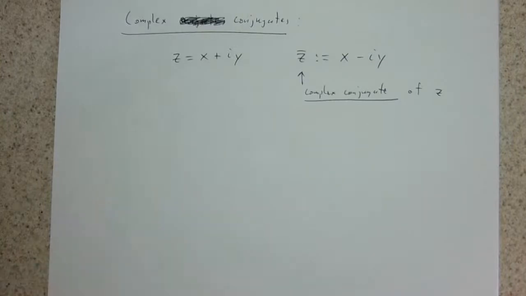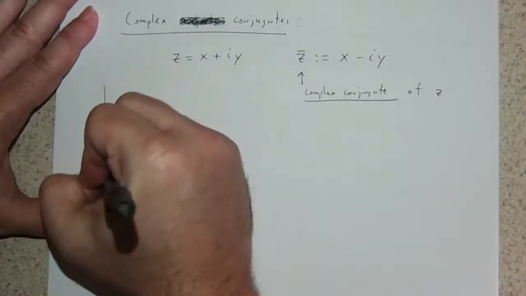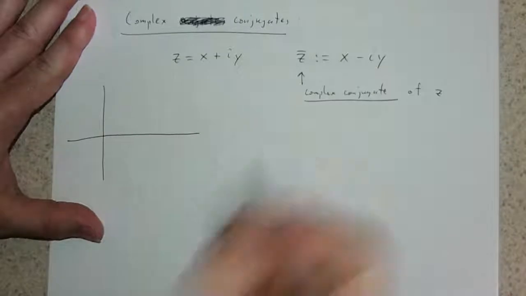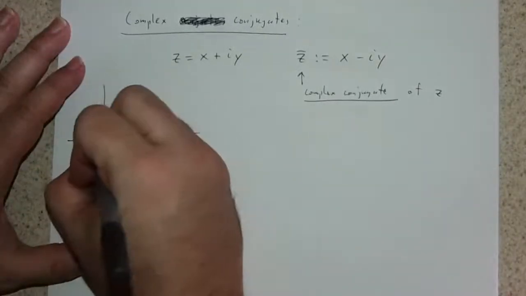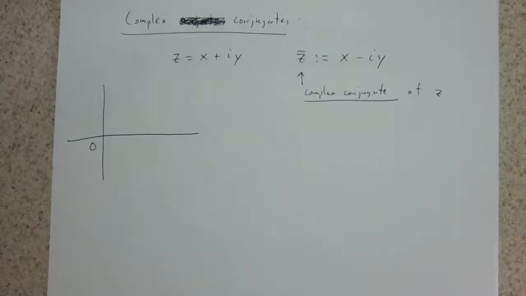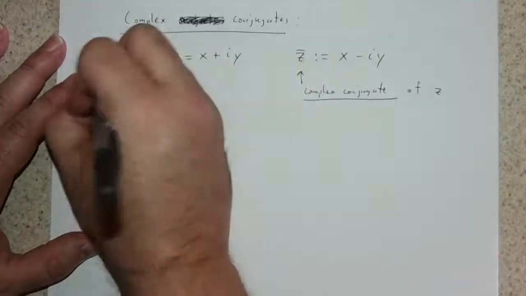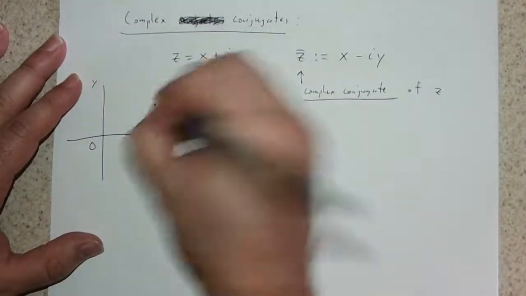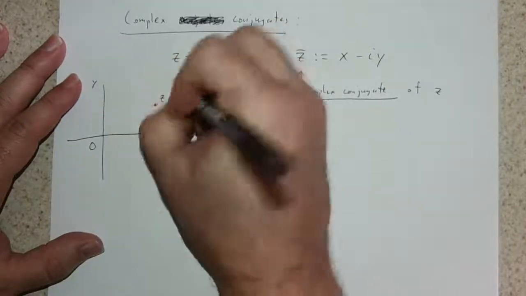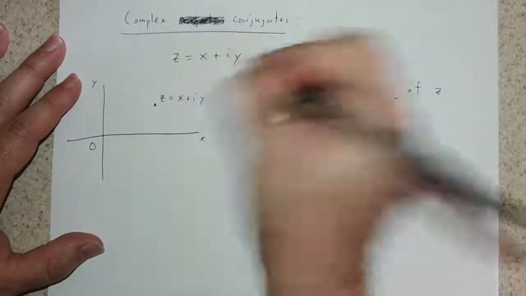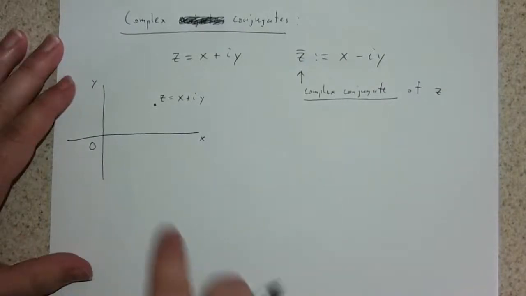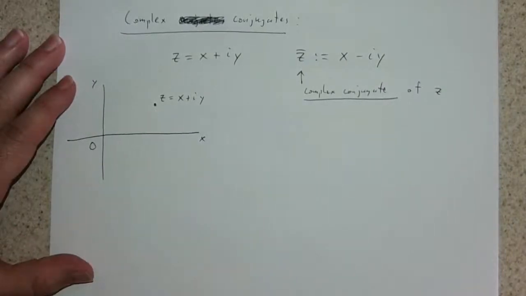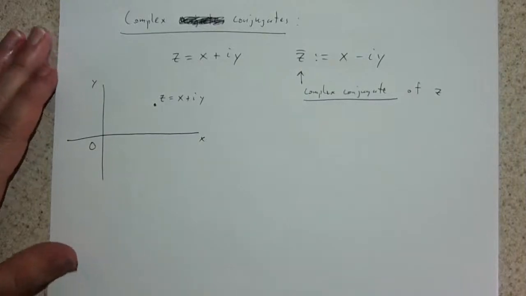So first of all, what is maybe a motivating thing here? Well, geometrically, I always like talking about geometric descriptions here. So if here's my x and y axes, and here's my z represented by x plus iy, where is z bar? Well, z bar is simply a flip. It is a reflection across the x-axis.